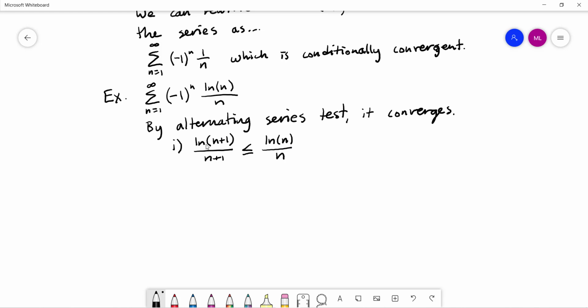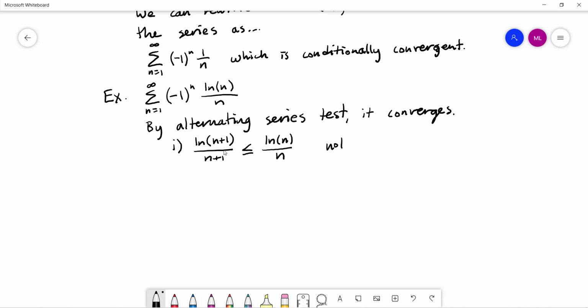The numerator, the natural log of n plus 1, is increasing on top, but the bottom is also increasing. And so it's a question of which one is increasing more quickly. And it turns out natural log increases less than linearly, so less than n. The bottom is increasing faster than the top, and the overall ratio is going to go down.